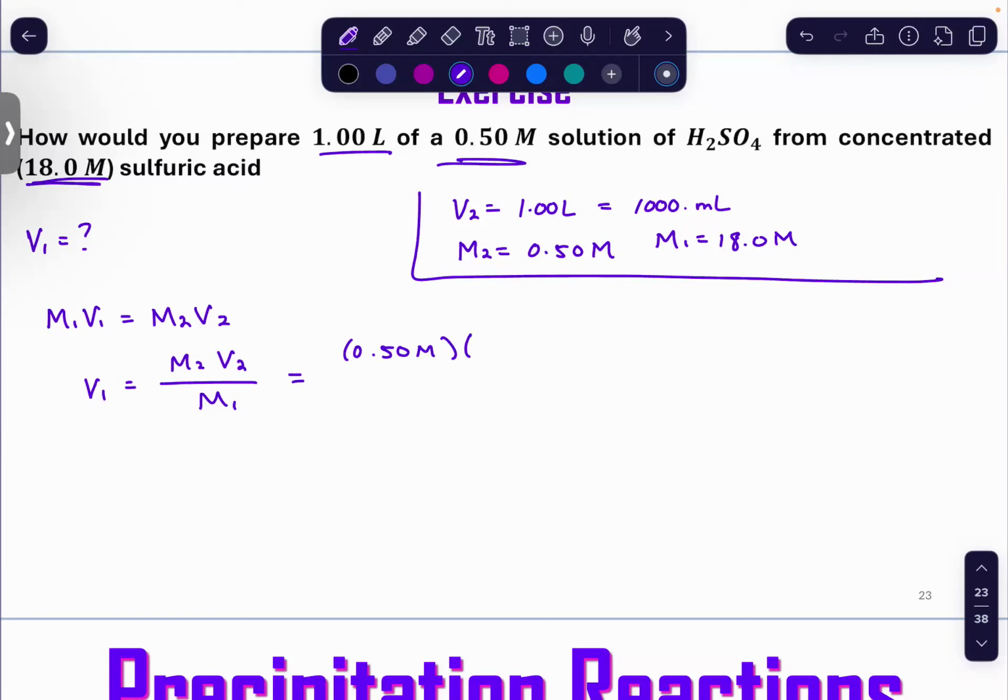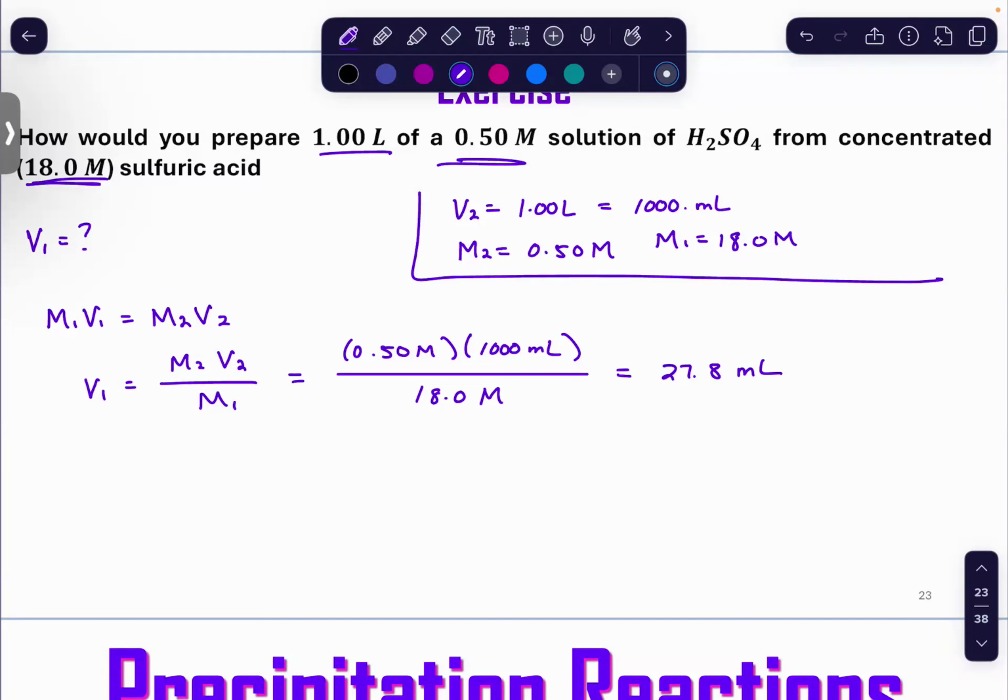Plug in M2, plug in V2. You could have left it in liters. I would accept that on homeworks. It makes more sense in milliliters because most of your measuring equipment in labs is in milliliters. And when you calculate this, your V1 is going to be 27.8 milliliters.